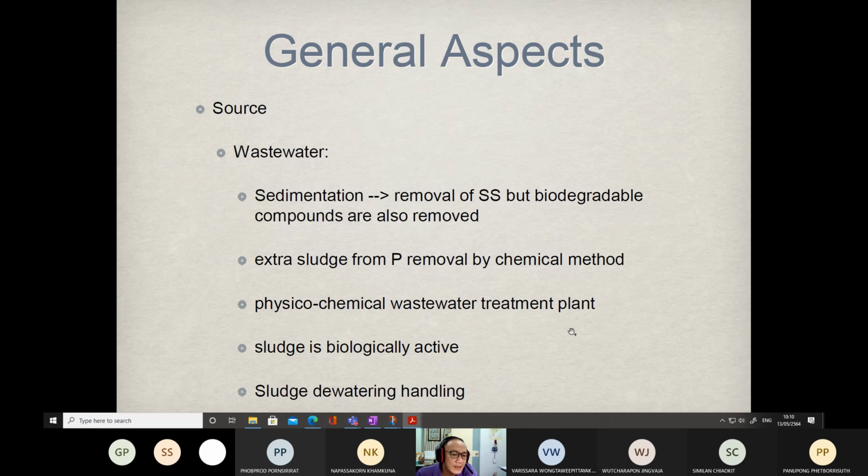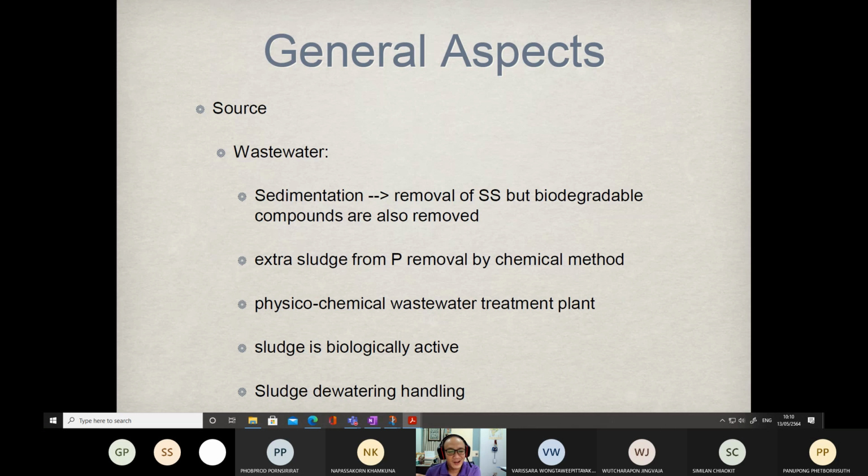And some wastewater goes through physicochemical treatment processes, for example heavy metal removal. So how do they remove the heavy metals? They normally increase the pH and then precipitate the metals as hydroxides or sulfides.